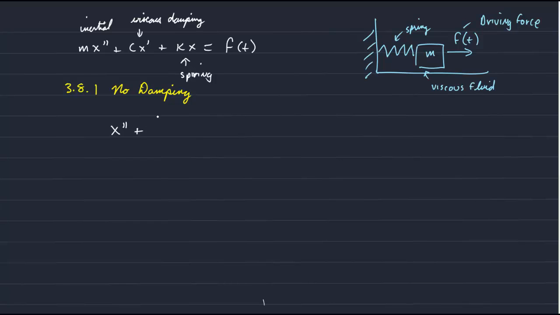We divide each side by m, and we get x double prime plus k over m x is equal to F over m. And the form of our driving function is a cosine function. So this is our driving frequency.